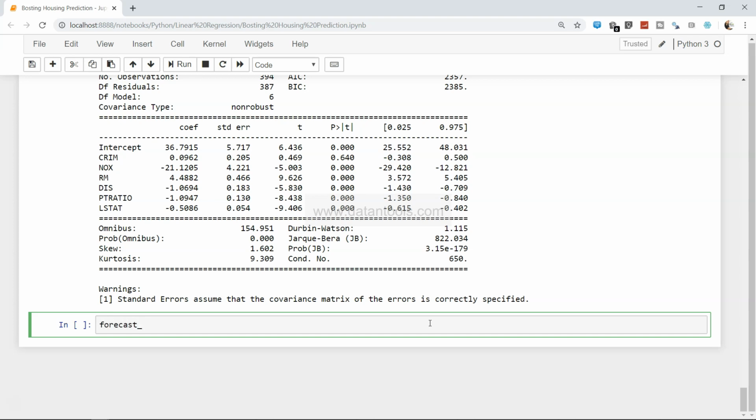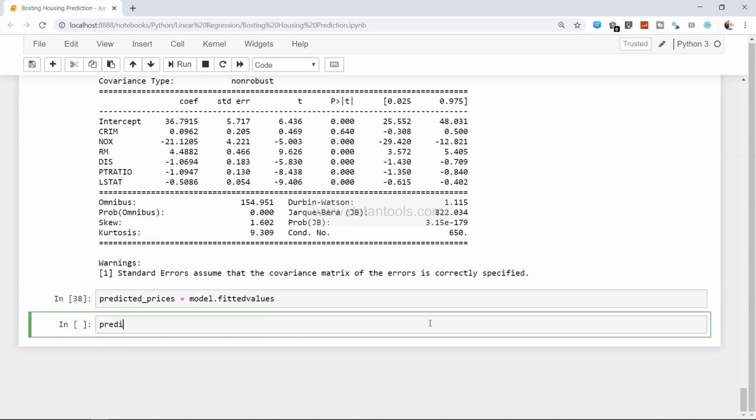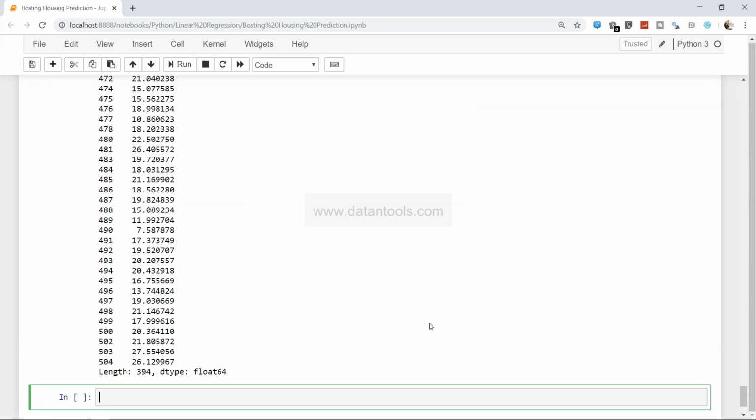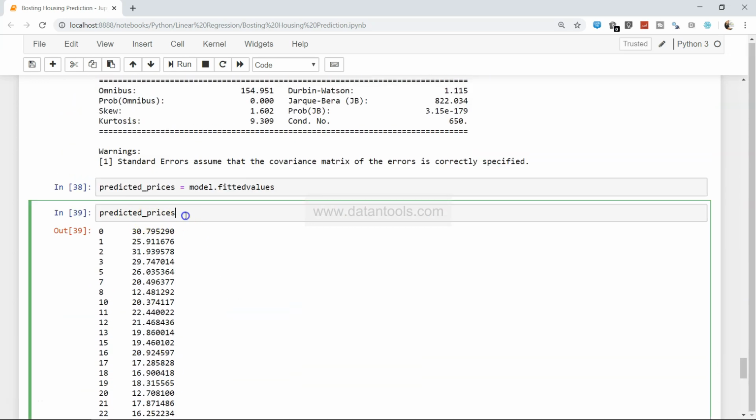So after that, let's try to forecast or predict the prices. Predicted prices equals model dot fittedvalues, which is the property that it has. If we execute this and just say predicted prices, these are all the predicted prices that we have.